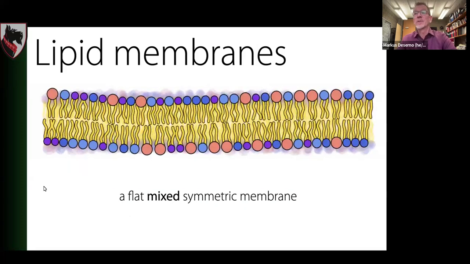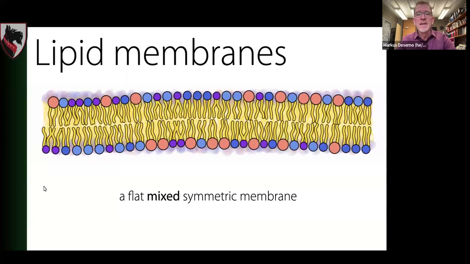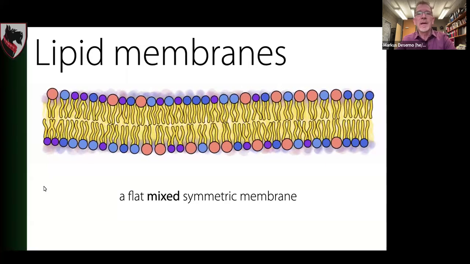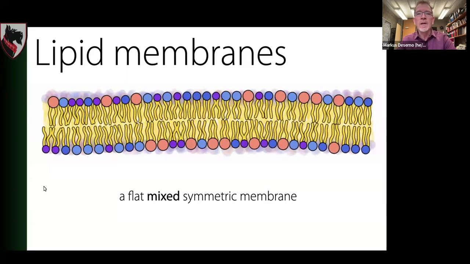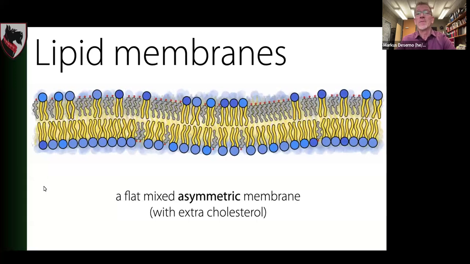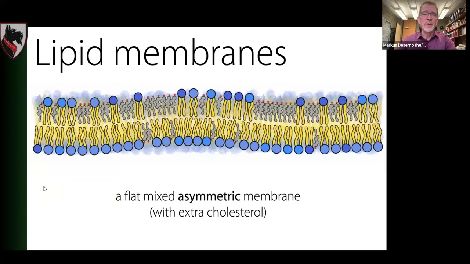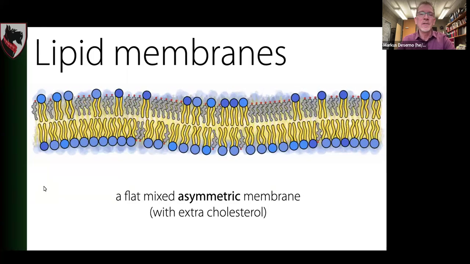For instance, nature has lots of different types of lipids, as illustrated by the different colors. And it's even more complicated than that because the lipids are not just randomly here and there. There seems to be order in the sense that one of the two leaflets compared to the other leaflet has different types of lipids in it. Here, for instance, there are also cholesterol molecules that are preferentially on one side and not the other.